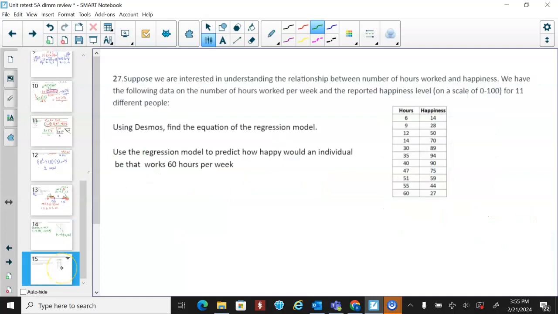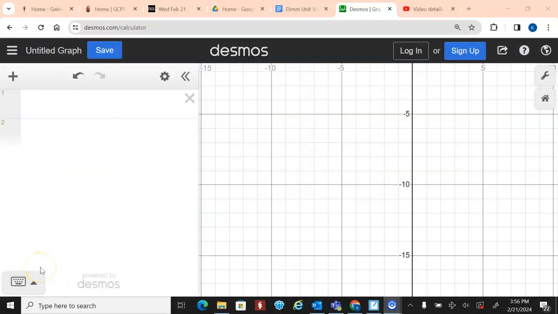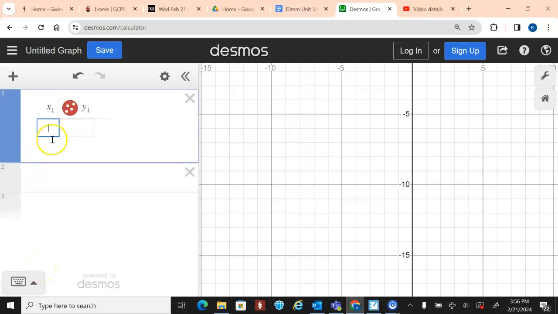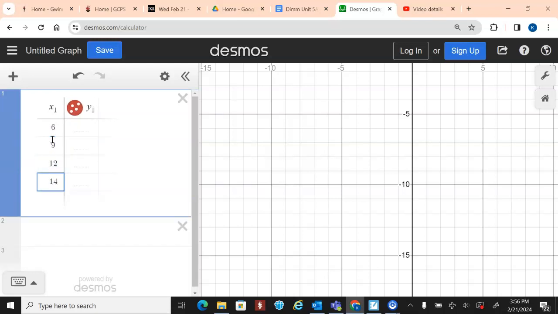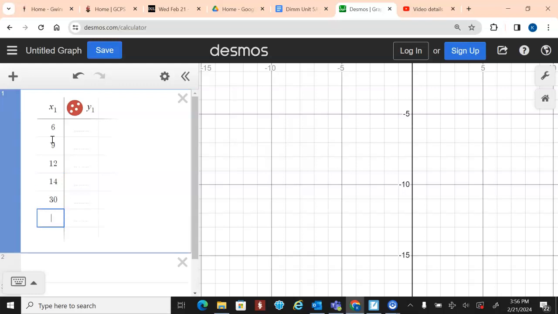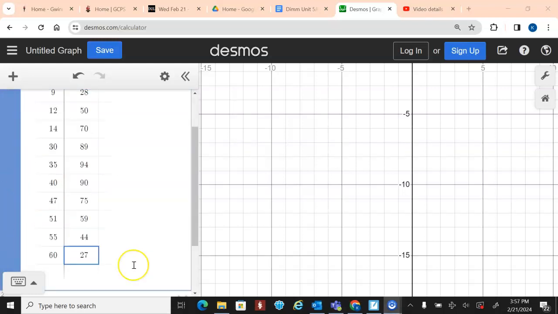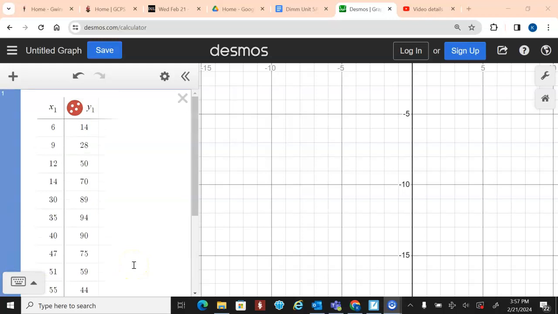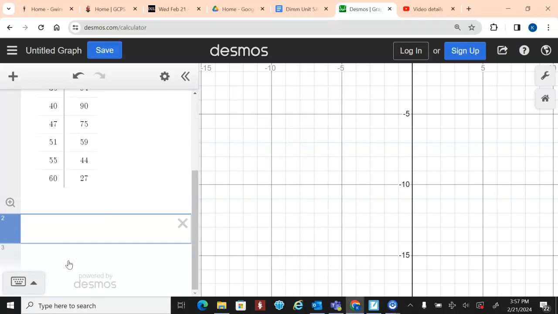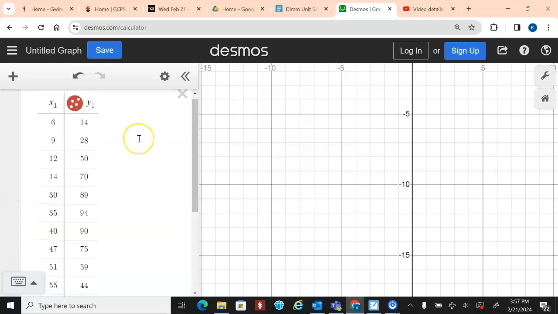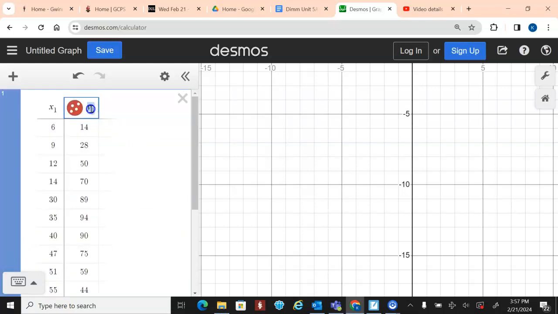All right, and the last question is a regression. Okay, let me graph it very quick. All right, so again, we're going to do the plus and the table. We're going to put the table in. So 6, 9, 12. All right, I put the table in. Okay, it's an x1 and y1 table. So now when I go to the second line right here, I'm going to put y1, because I'm referring to this table right here.